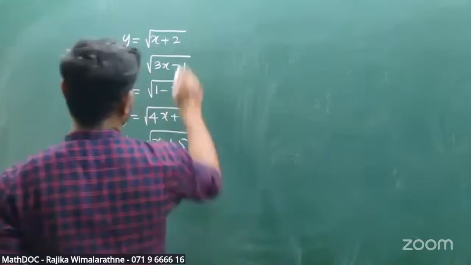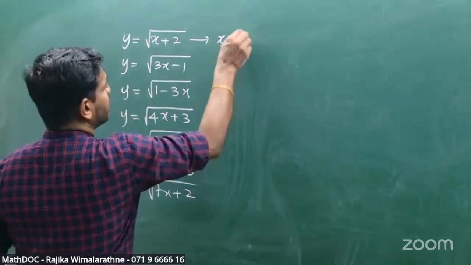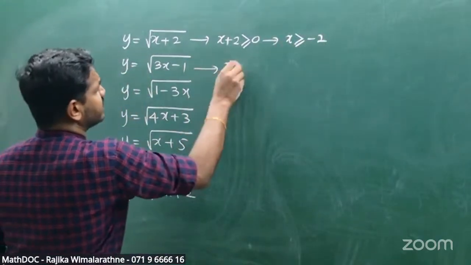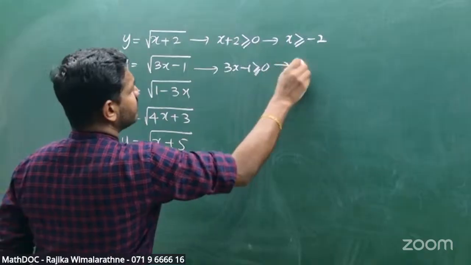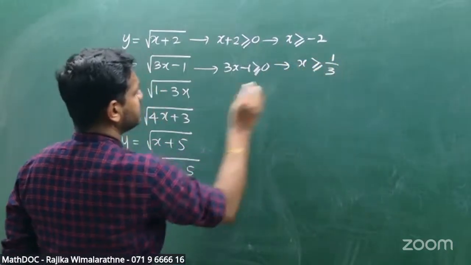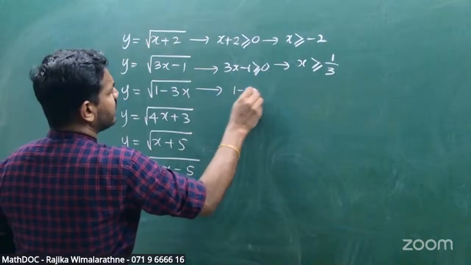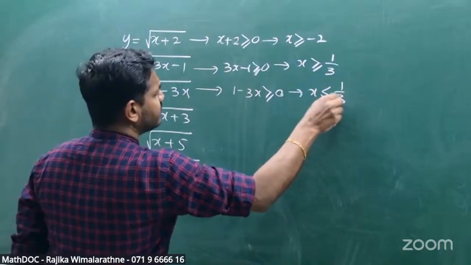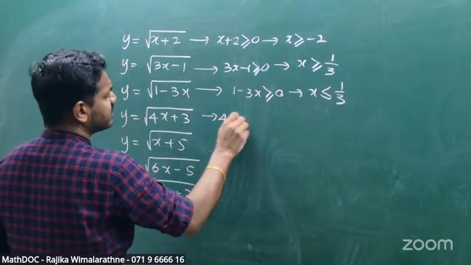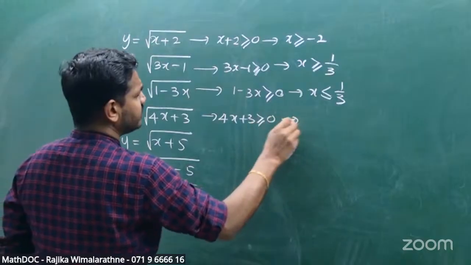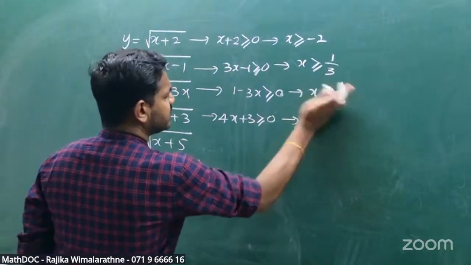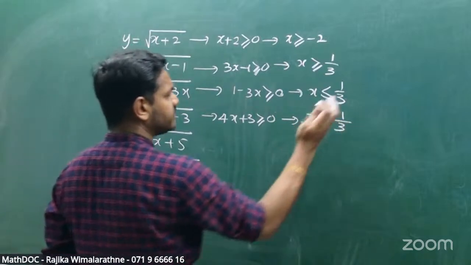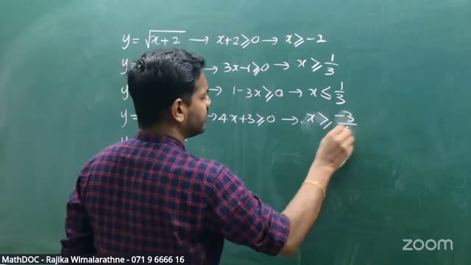Now check your answers. Here x plus 2 greater than or equal to 0, so x is greater than or equal to minus 2. Here 3x minus 1 greater than or equal to 0, so x is greater than or equal to 1/3. Here 1 minus 3x greater than or equal to 0, so x is less than or equal to 1/3. Then 4x plus 3 greater than or equal to 0, so x is greater than or equal to minus 3/4.